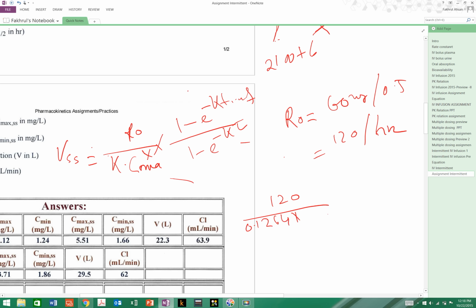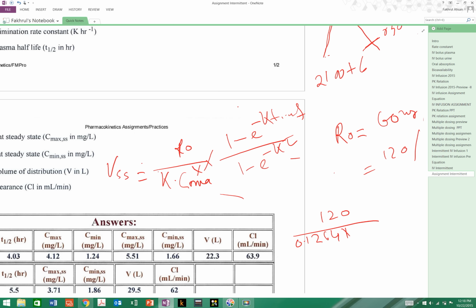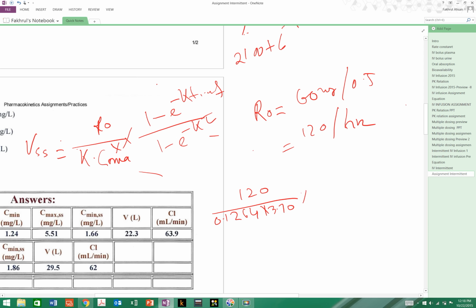K would be 0.1264 times Cmax. We had Cmax before, I guess it was 3.70, times 1 minus e to the negative 0.1264 times the infusion time, which is 0.5 hour, and then 1 minus e to the negative 0.1264 tau.